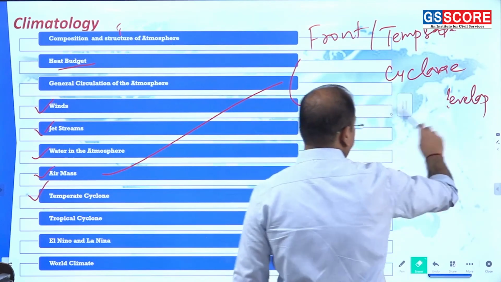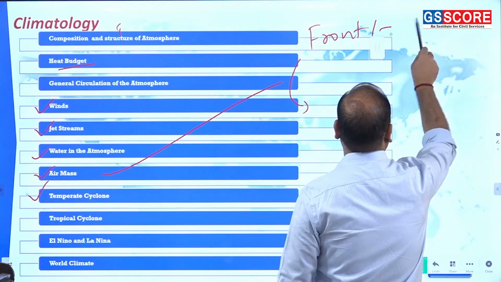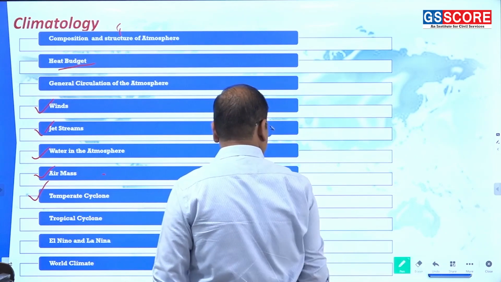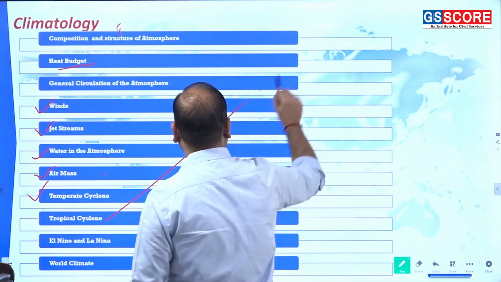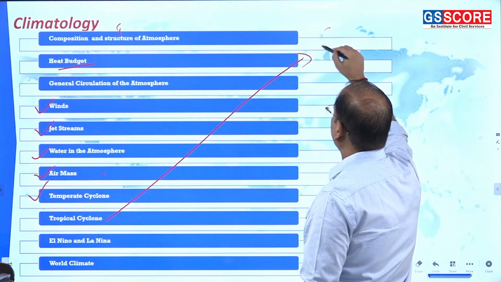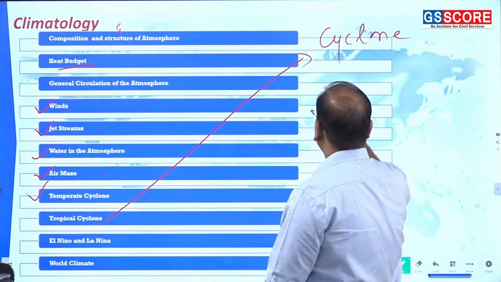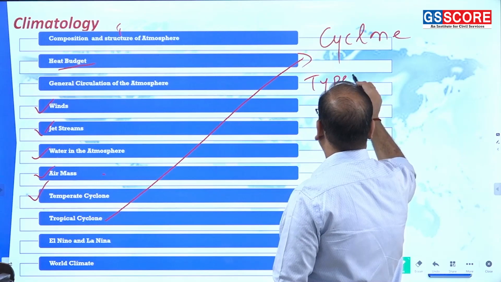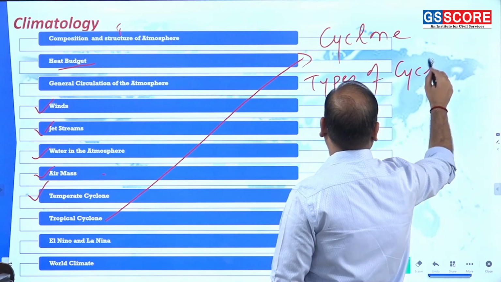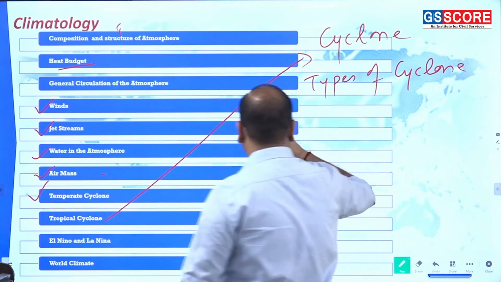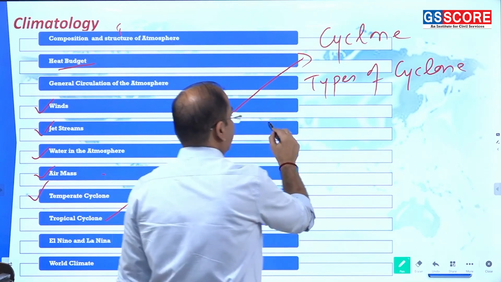Very much similar to the temperate cyclone, we have one more cyclonic phenomena. We generally study these two topics in one go, that is tropical cyclone. Under the broad perspective, what is cyclone, types of cyclone. Within the types of cyclone, one is temperate, another one is tropical cyclone.